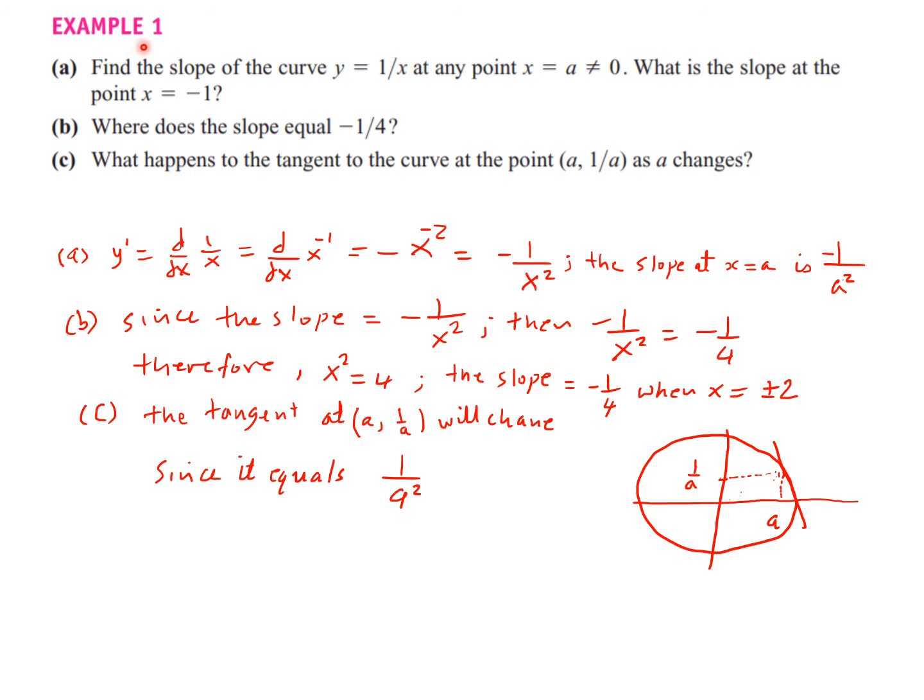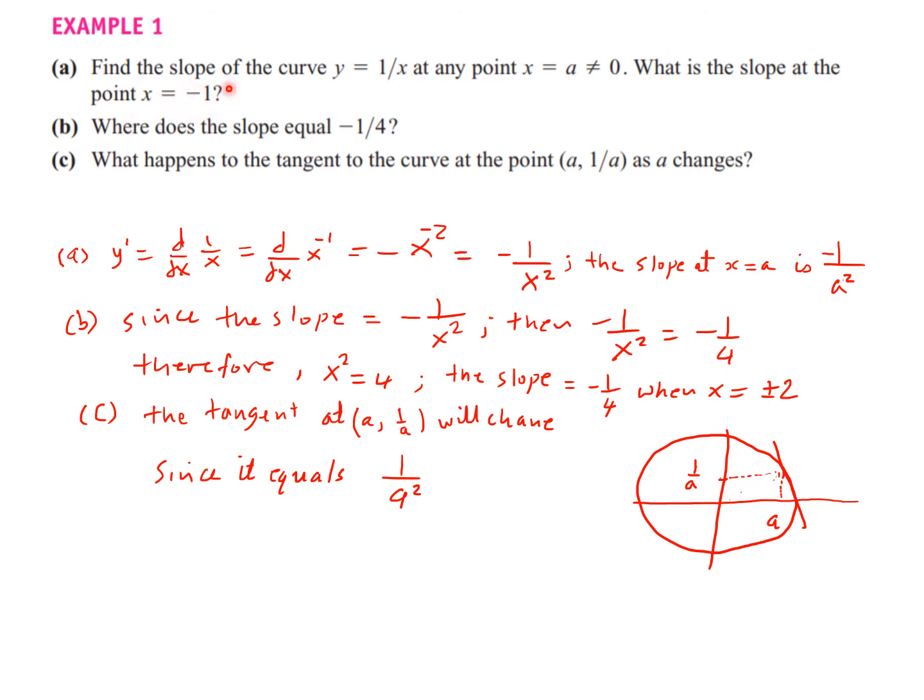Example 1. Find the slope of the curve y equal to 1 over x at any point x equal to a, but a should not be equal to 0. What is the slope at the point x equal to -1? Let's deal with the first question first.